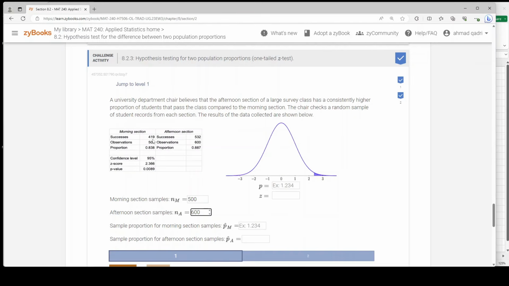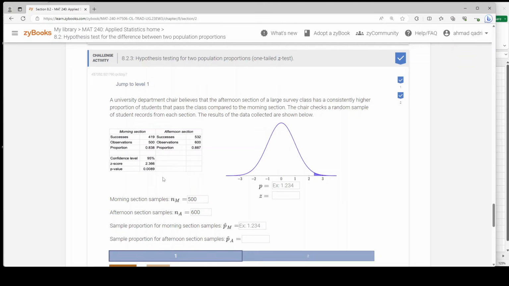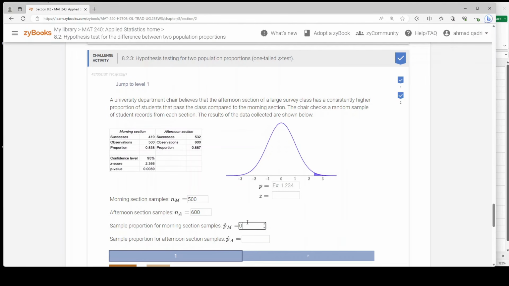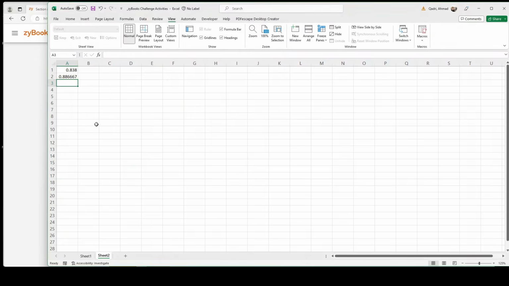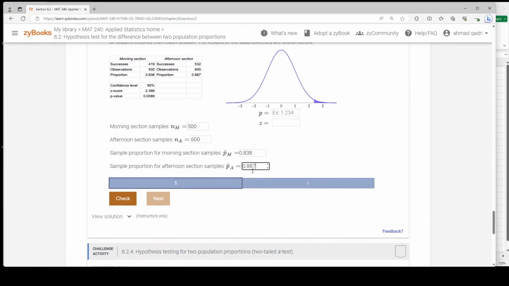So for the morning section, it would be 419 over 500. So let's use Excel to calculate that. And then for the afternoon, it's 532 over 600. Right, so it's 0.838 for the morning section and 0.887, rounded to 3 decimal places, for the afternoon section.